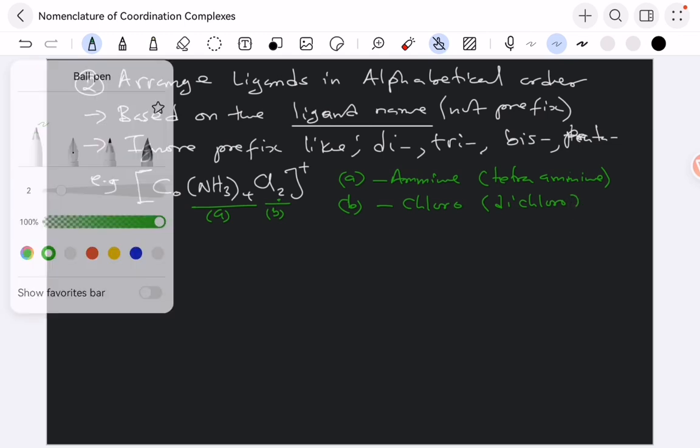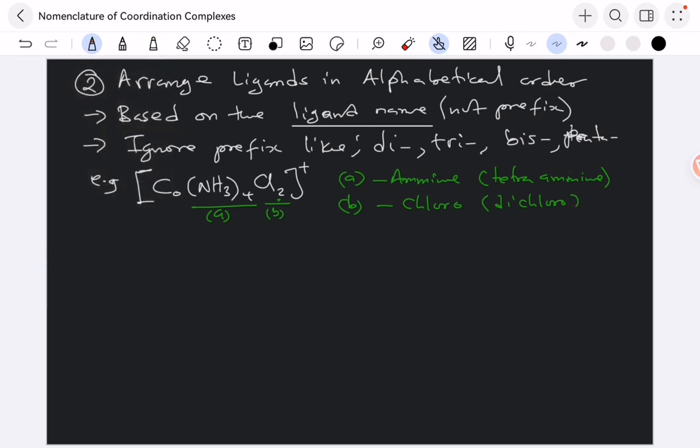So we are saying when we are following the alphabet, these prefixes don't really affect the naming. Here we'll consider the name.